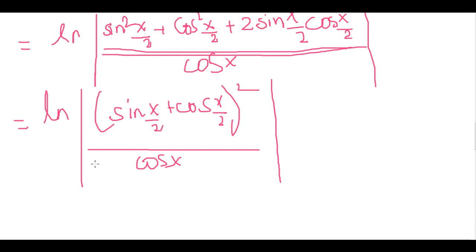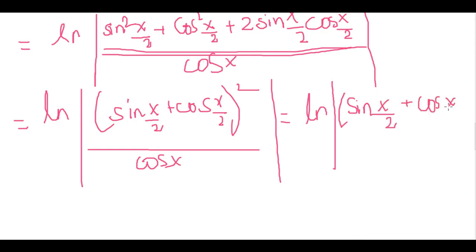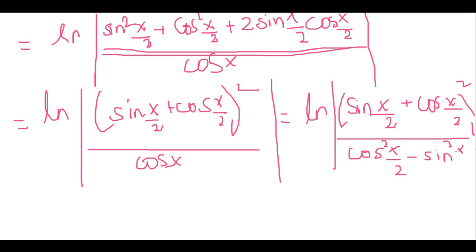So now the denominator can be written as, on top we have sin x by 2 plus cos x by 2 whole squared, and we know the identity cos x equals cos square x by 2 minus sin square x by 2.